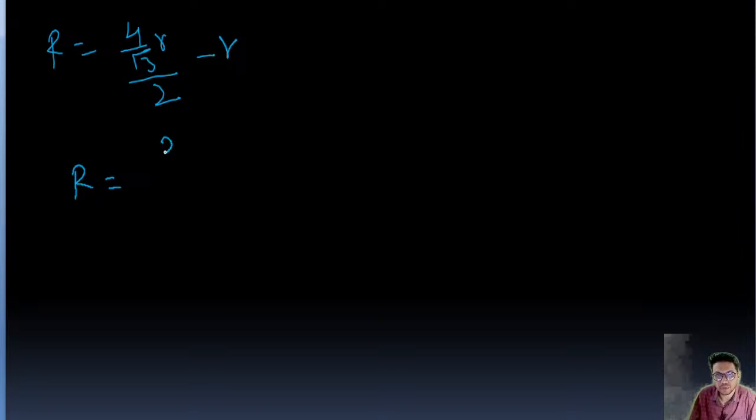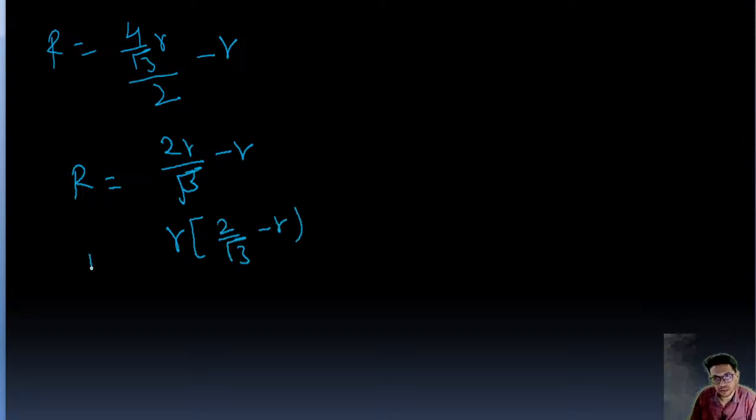So this is going to be 2r upon 3 root 3 minus r. Okay, so from here this r we will take common, so this is going to be 2 by root 3 minus r. This is the value of r.